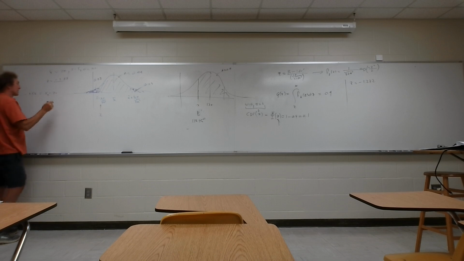So now I have x critical minus 20 over the standard deviation, which is 5 divided by the square root of 100, which is 10. Got me, everyone? I think you guys get this, right? What I'm doing?